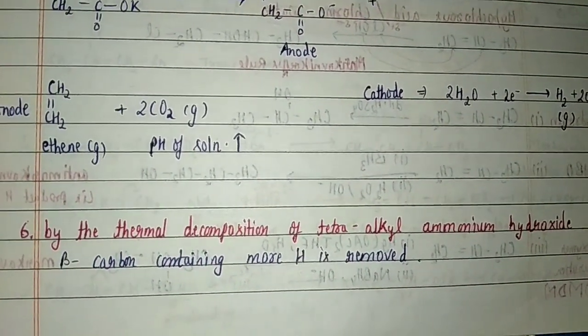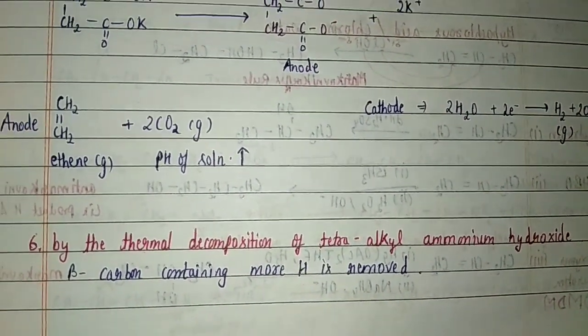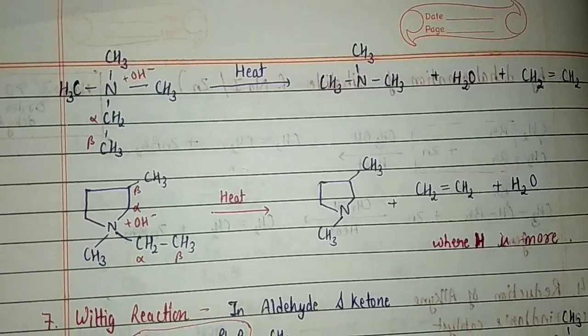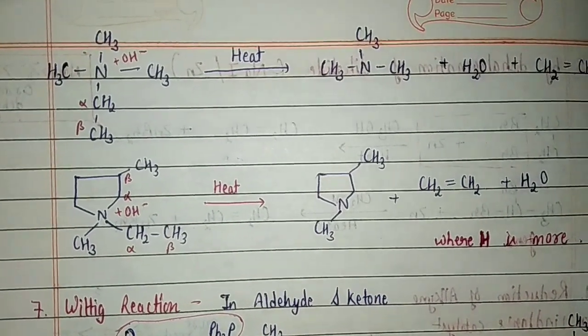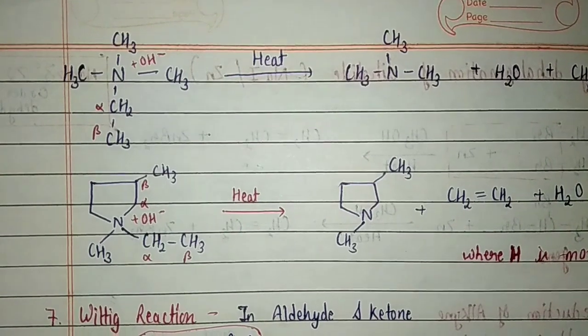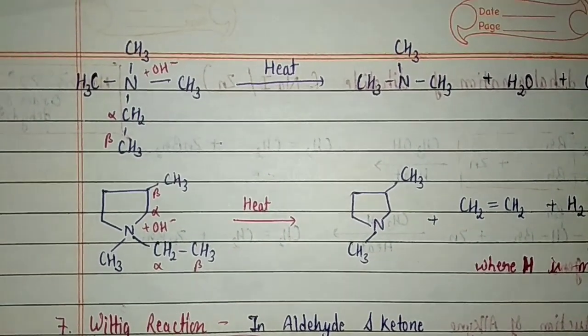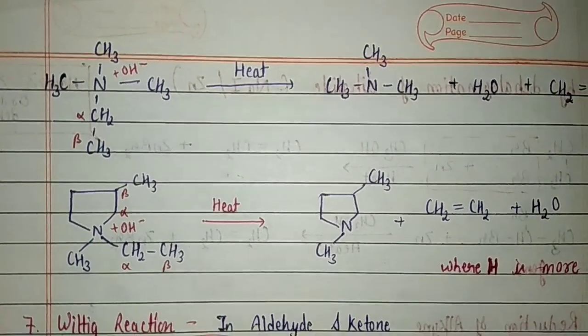The next method is by the thermal decomposition of tetraalkyl ammonium hydroxide. In tetraalkyl ammonium hydroxide, the nitrogen atom is attached with 4 alkyl groups and the OH negative anion. Then it is heated.